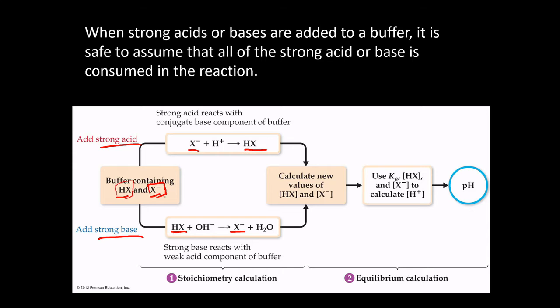So if we know how much of the acid and base we start with, we're going to figure out what reaction takes place and use that to work out what the new concentrations for the conjugate base and the weak acid are. So we'll have new values for those two. Those are the values that we are then going to plug into the Henderson-Hasselbalch.